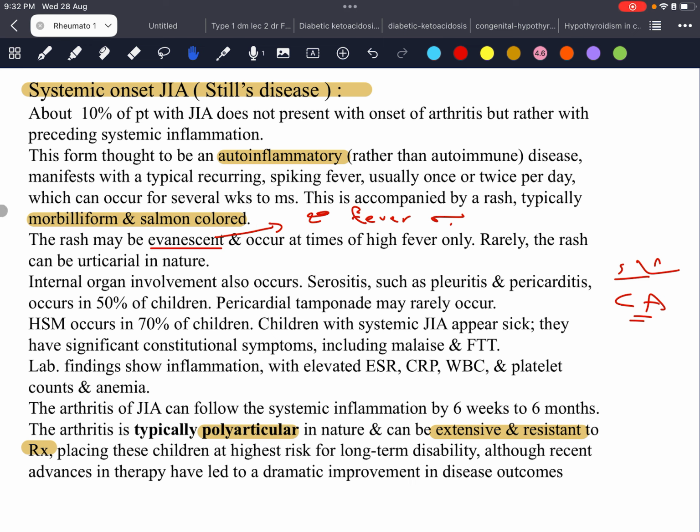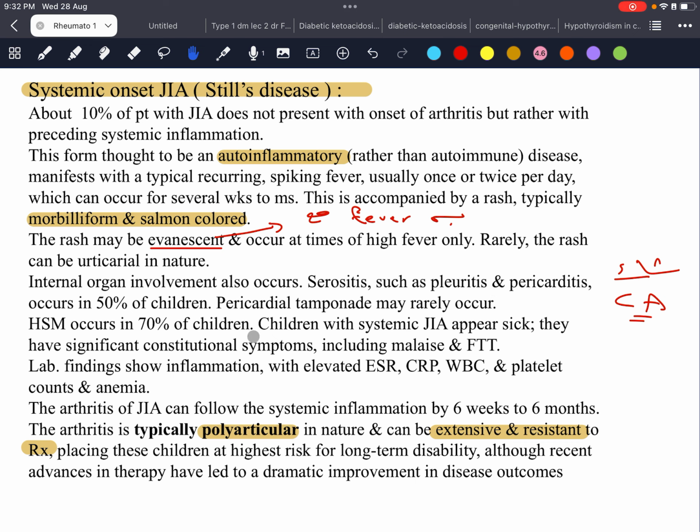And later on, there will be arthritis, usually of small joints, with extensive resistance to treatment. When this arthritis occurs, actually 6 weeks to 6 months after the onset of systemic symptoms, internal organs could be involved.